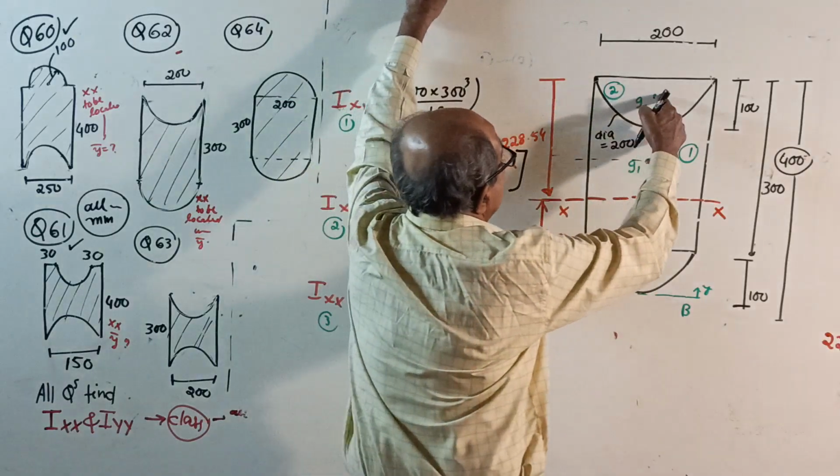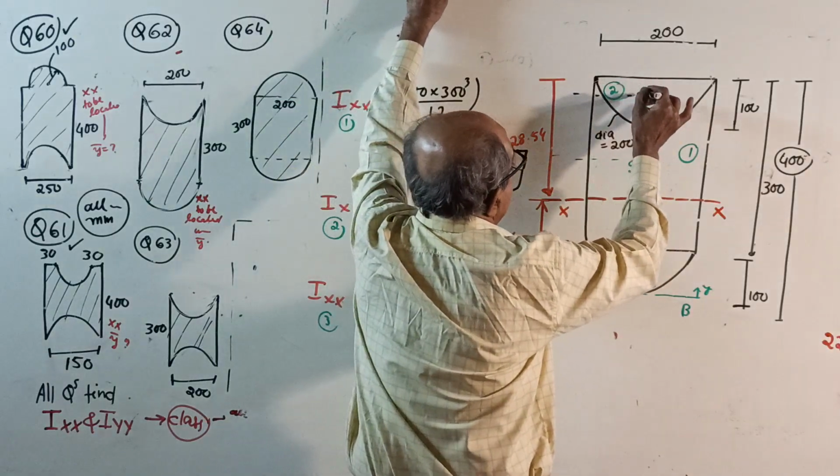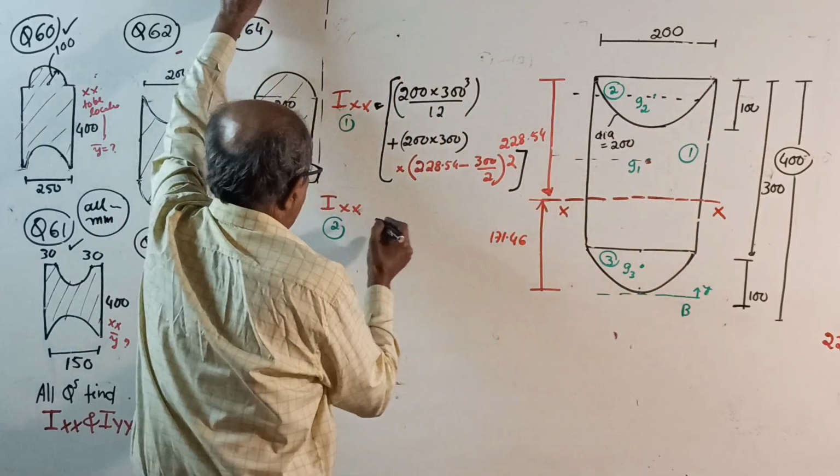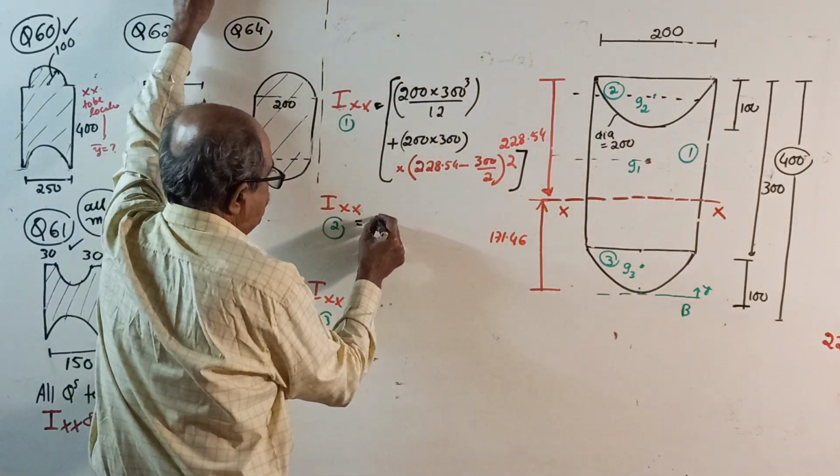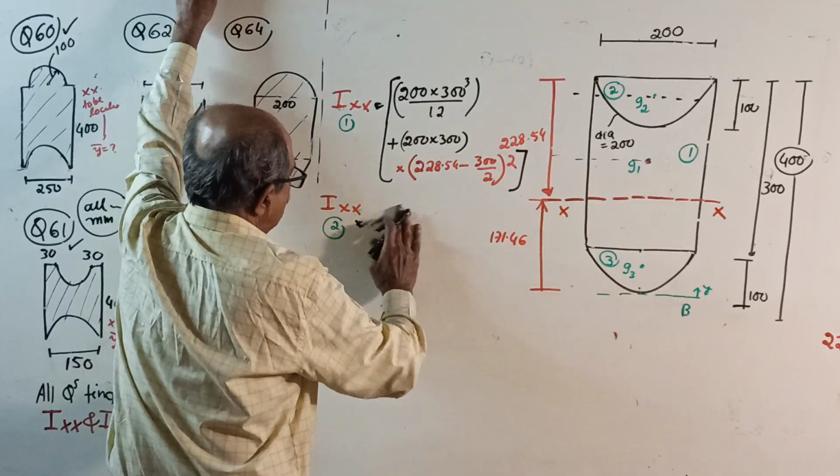Next, for semicircle 2, I about its own axis. Pi by, no, sorry, it is not symmetrical.